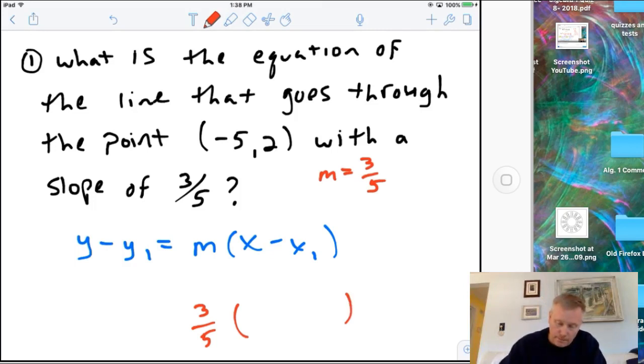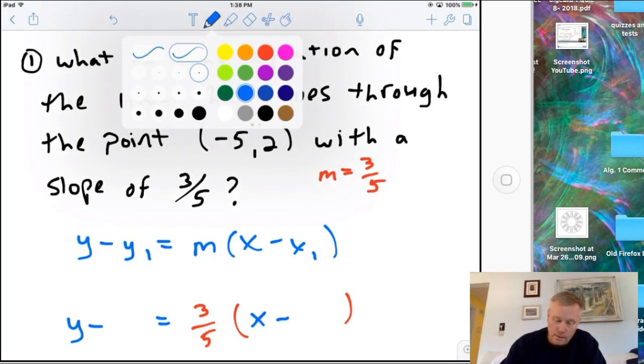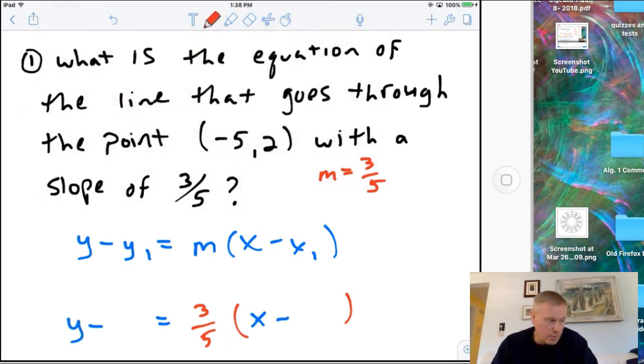Just like y equals mx plus b, this equation is going to have a y and an x. It's also going to have two more numbers with it. I'm going to get x1 from the x coordinate in the point, and y1 from the y coordinate in the point.